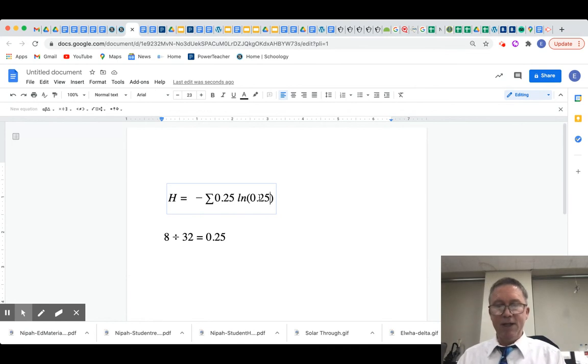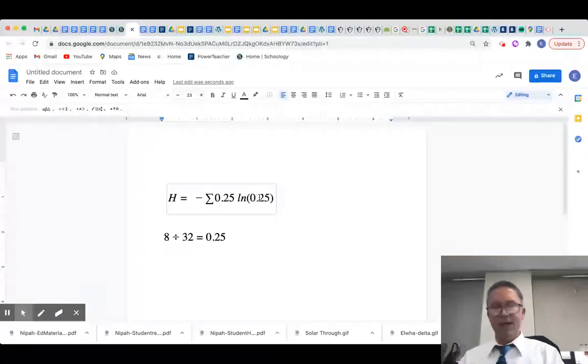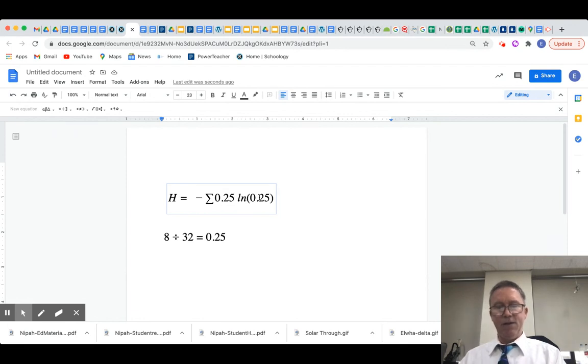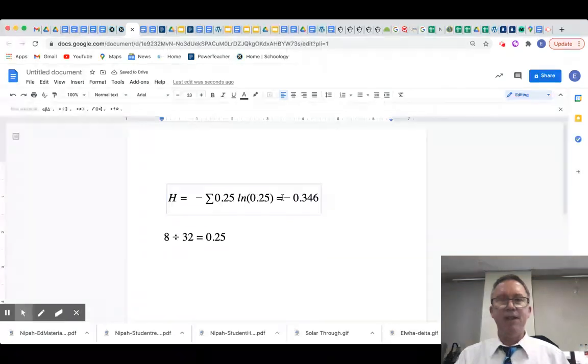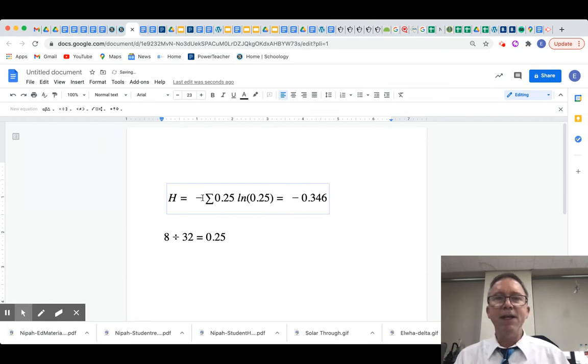So I'm going to say 0.25 times the natural log, not log, but ln. This is embarrassing. Oh, there it is. So 0.25 times the natural log of 0.25, and what I get is negative 0.346. The fact that it's negative is why we had to take the negative of the sum.